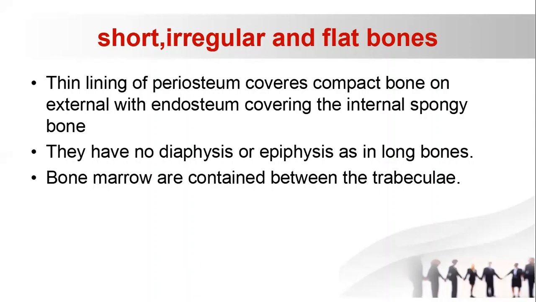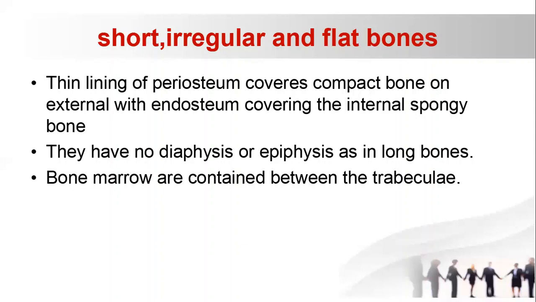They have no diaphysis or epiphysis as in long bone, so they have no extremities or ends. Bone marrow, the red bone marrow which we had seen in earlier discussion, is contained within or between the trabeculae of short, irregular, and flat bones.